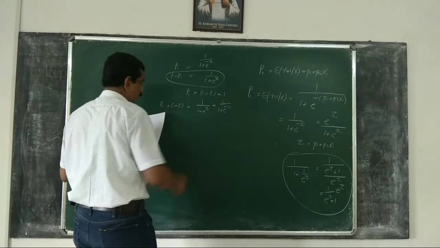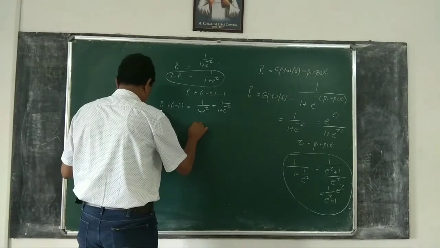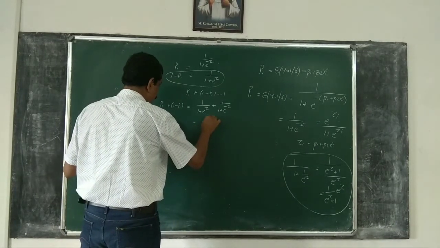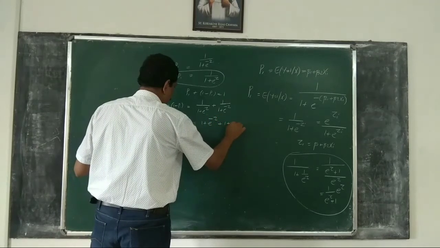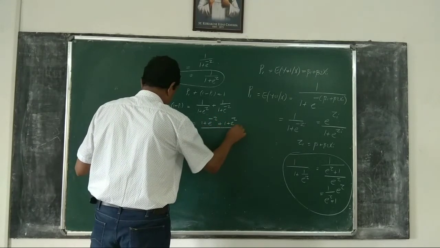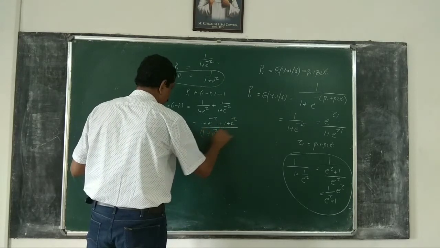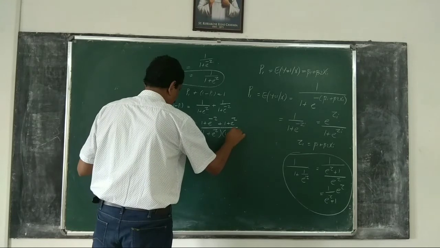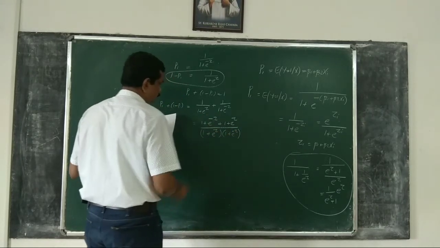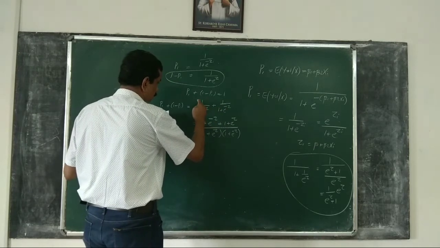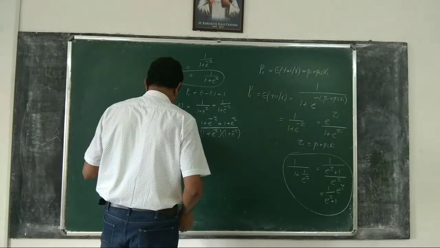We take the LCM, multiplying through by 1 plus e raised to minus z and 1 plus e raised to z.